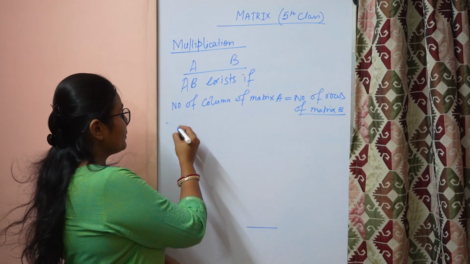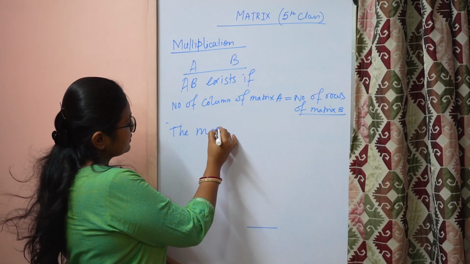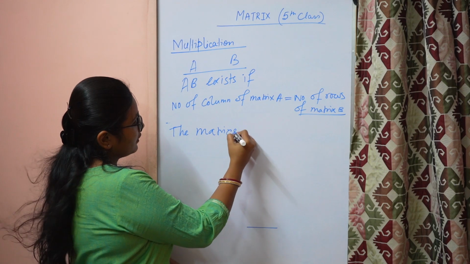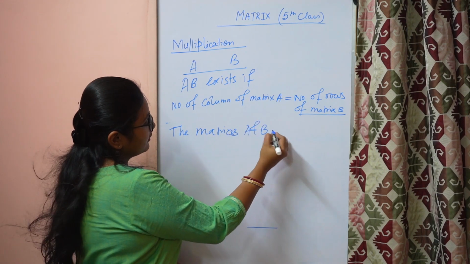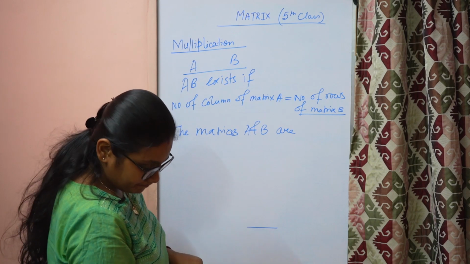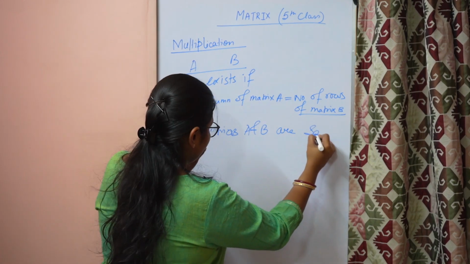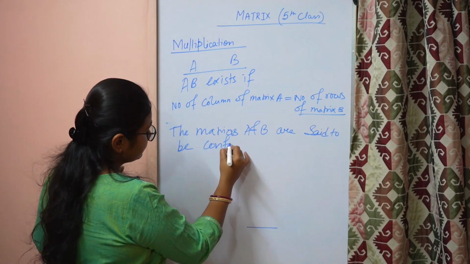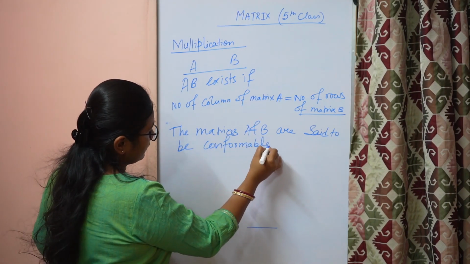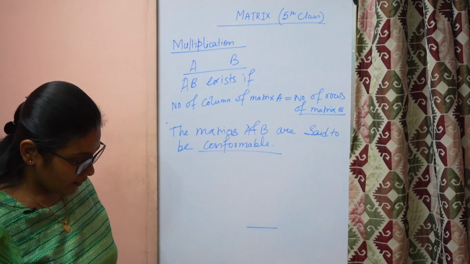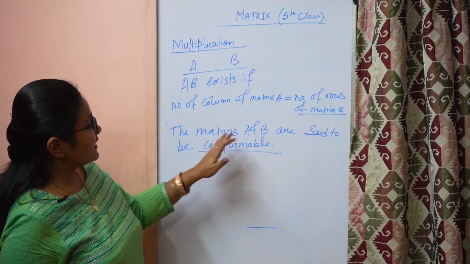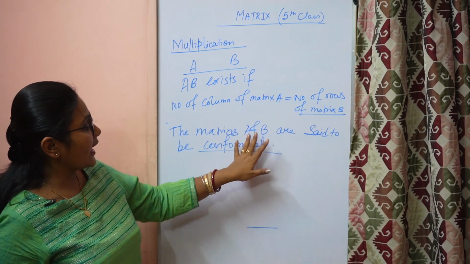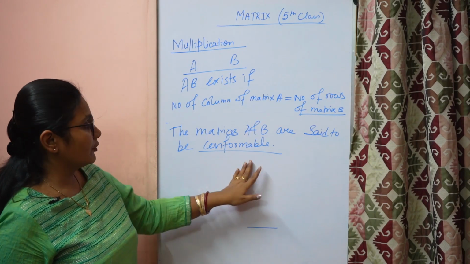And the matrices A and B are said to be conformable matrices. If the product exists, then A and B are said to be conformable matrices.